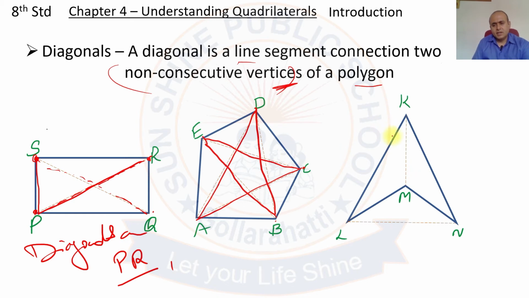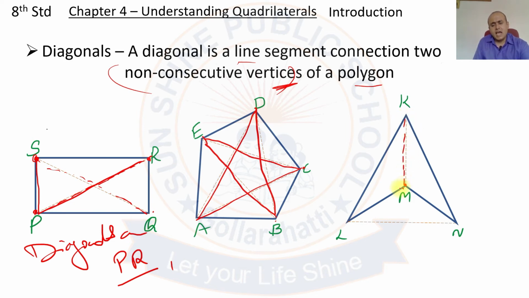Next diagram is KLMN, a four-sided polygon, and here I cannot draw from L to M. L ಇಂದ M draw ಮಾಡಕ್ಕಾಗಲ್ಲ, ಅದು L ಇಂದ K draw ಮಾಡಕ್ಕಾಗಲ್ಲ, since diagonals should be drawn only between two non-consecutive vertices. So here I can draw a diagonal from M to K. So M ಇಂದ K ಗೆ diagonal line draw ಮಾಡಬಹುದು.